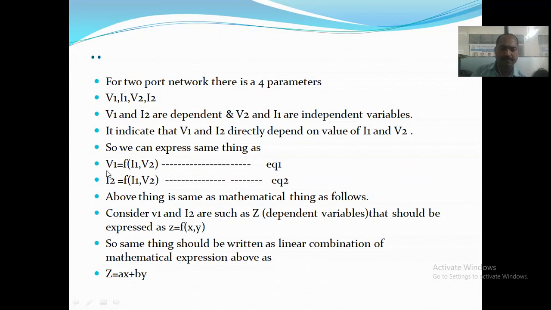If any equation comes in this form, we write V1 and I2 as the function Z. So Z is equal to a function of I1 comma V2, where I1 is the variable X and V2 is the variable Y. So it is nothing but Z equal to a function of X comma Y. This should be expressed as Z equal to F of X comma Y.